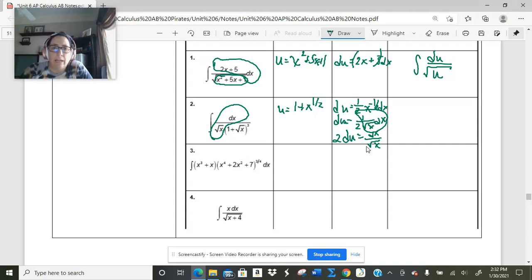So now where I have that part, I'm going to put a 2 du. And you can put the 2 out in front, like I said before, if it makes your life easier. And then that whole inside was the u, and I never touched the power of 3. So I want you to try 3 and 4 and see if you can get to the correct u substitution.